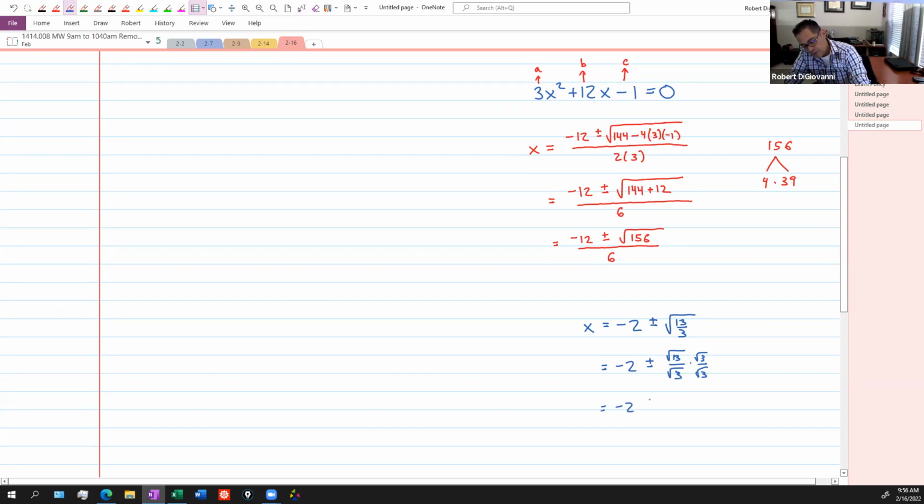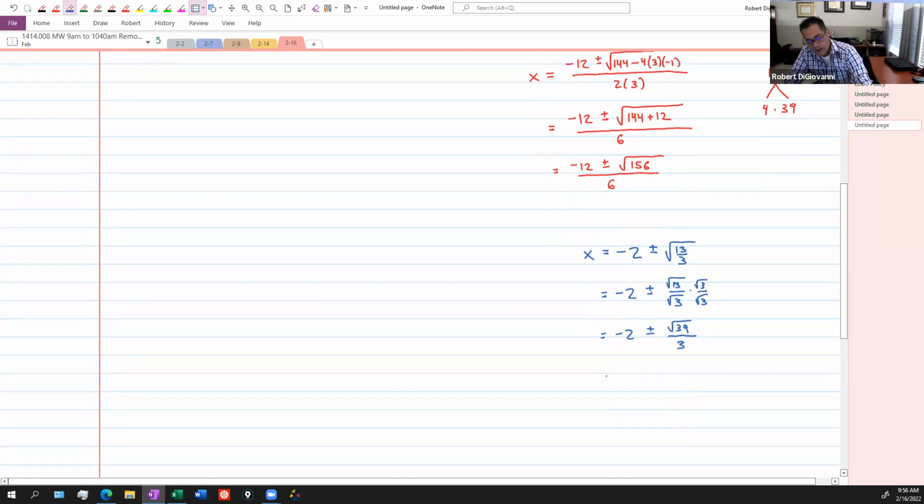So you get negative 2 plus or minus root 13 times root 3, which you can put together to become root 39. You just multiply what's underneath the roots. And root 3 times root 3 gives you 3 on the bottom. Now to get a common denominator between these two, I have to turn the 2 into 2 over 1 and multiply it by 3 over 3. And so I get negative 6 plus or minus the square root of 39 over 3.